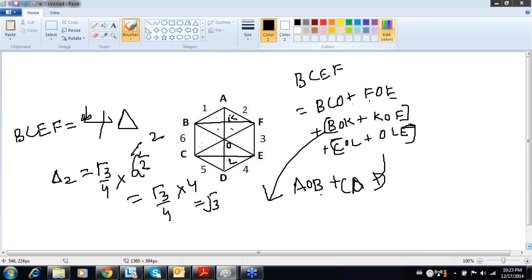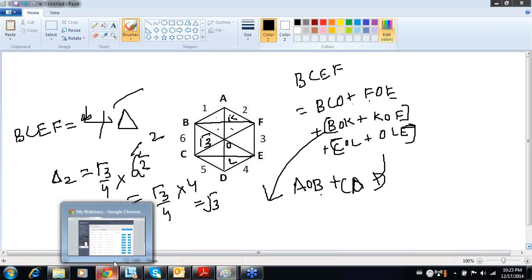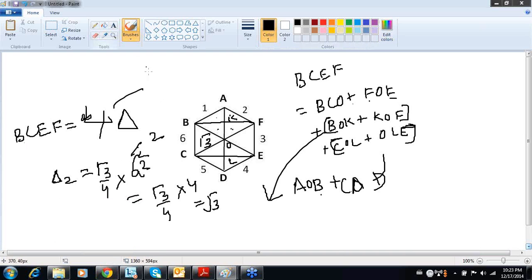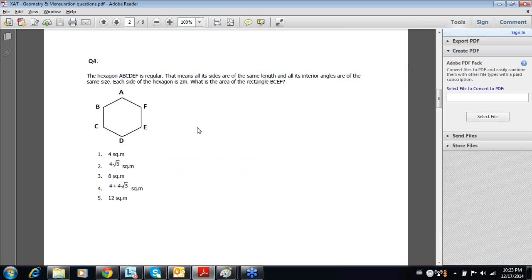So the area of one triangle is root 3. So the area of 4 will be 4 root 3. So 4 root 3 will be the answer, the area of BCEF. Option number 2, we'll go ahead and mark that option. Everybody clear with that?